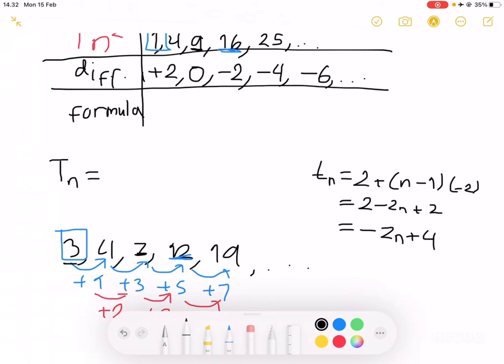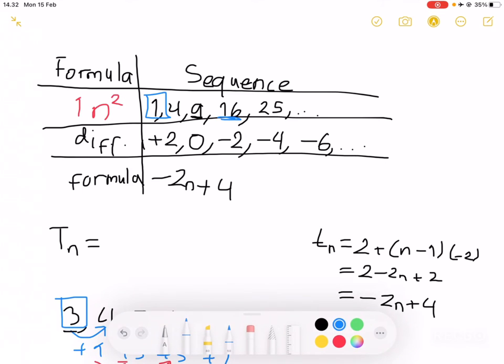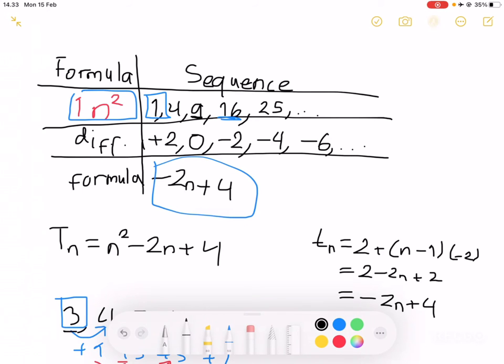So the formula for this is negative 2n plus 4. And then you need to add this formula with this formula. So you get the final answer. The formula for the nth term of the sequence will be n squared minus 2n plus 4.